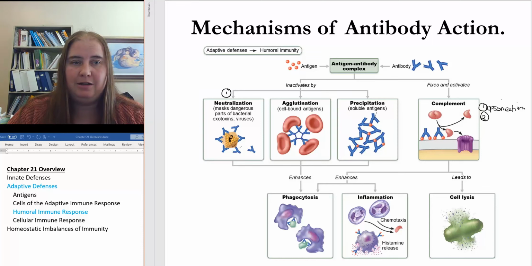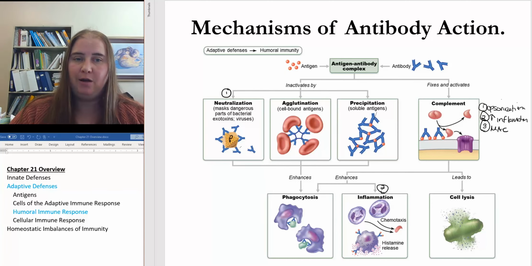We have increased inflammation, which we see over here, and we have the MAC molecule. So here that MAC molecule gets inserted and our cell lyses and kills that pathogen, okay? So this is how our antibodies actually function. They in themselves do not destroy, but they mark things so that destruction can occur, okay?